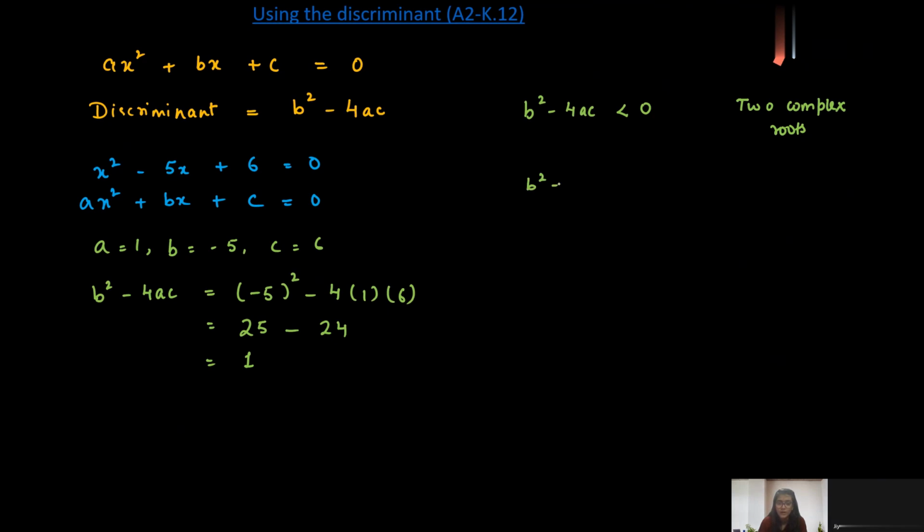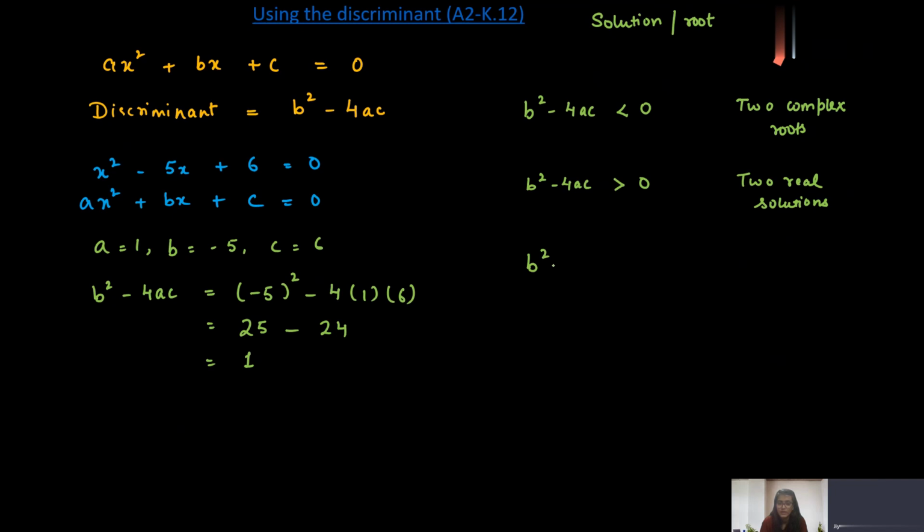When this discriminant value is positive, like in this case, we are getting a positive number, we will get 2 real solutions. One more thing is solution or root is the same thing. Sometimes you will see solution, sometimes you will see roots, they mean the same thing.